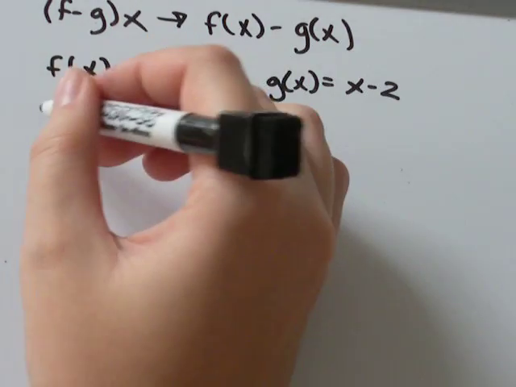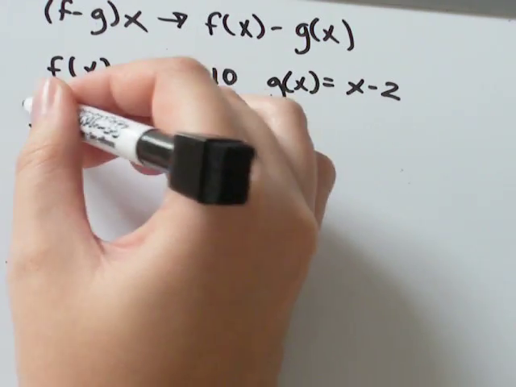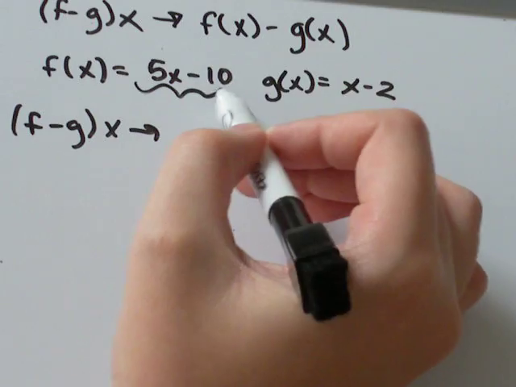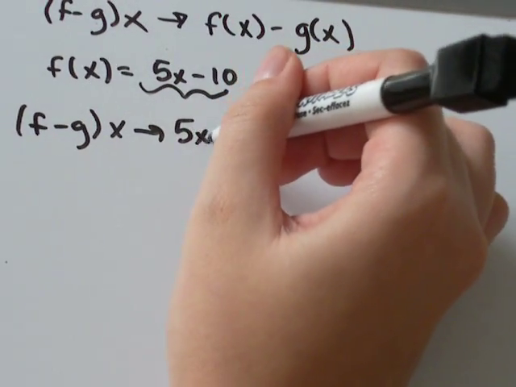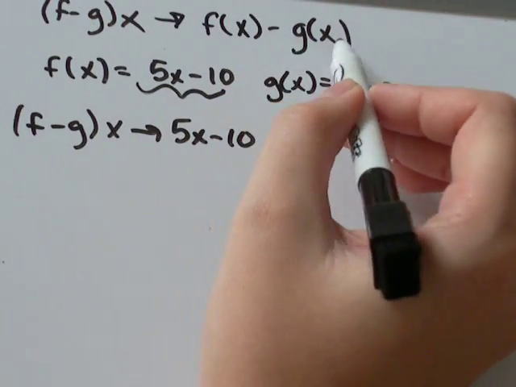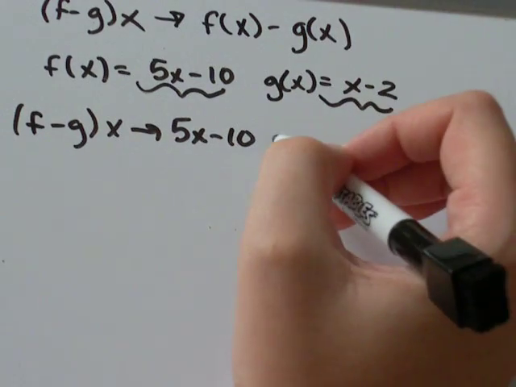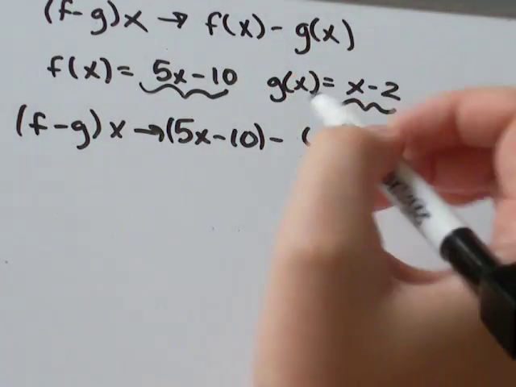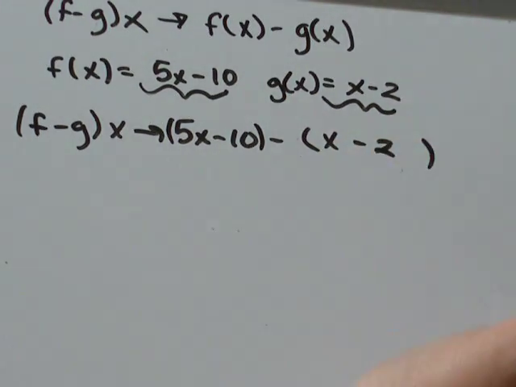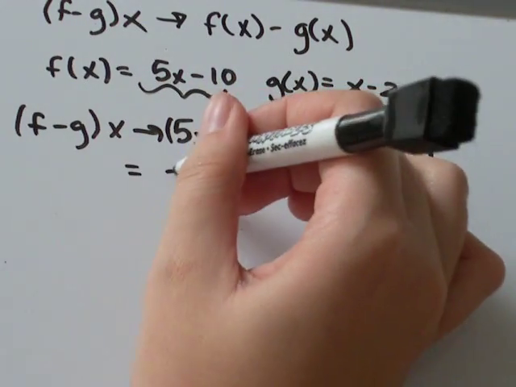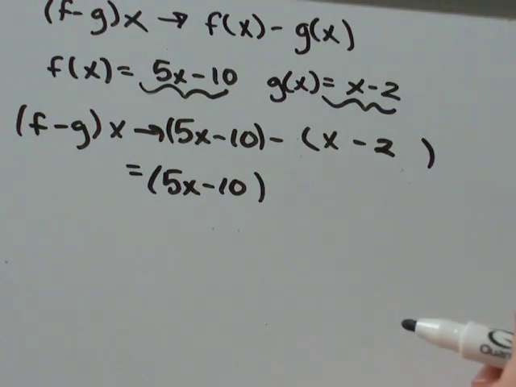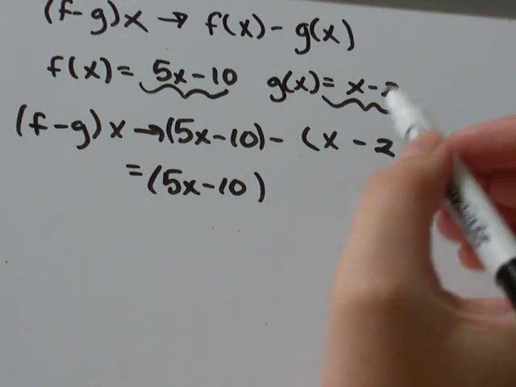So our formula says that f minus g of x is f of x. In this case, our f of x is 5x minus 10 minus g of x. In this case, our g of x is x minus 2. So we've got 5x minus 10. I'm going to leave the brackets on just for a sec, and you'll see why in a minute.